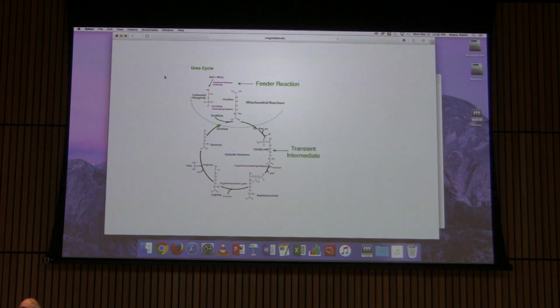Carbamyl phosphate synthetase catalyzes the first of the feeder reactions in the mitochondrion necessary for the synthesis of citrulline. Citrulline is made by combining carbamyl phosphate with ornithine, and all the other reactions occur out in the cytoplasm. That seems a lot simpler if I say it that way?